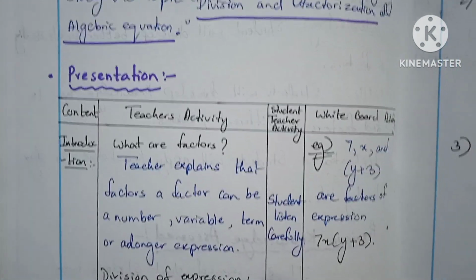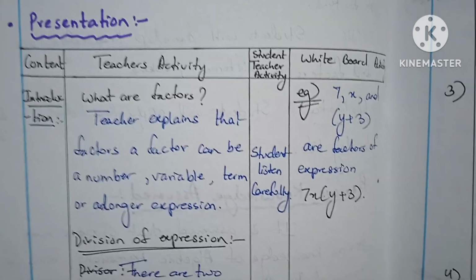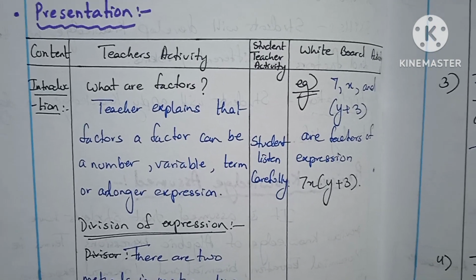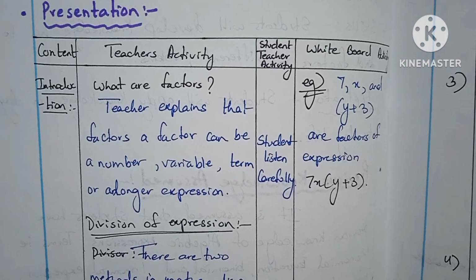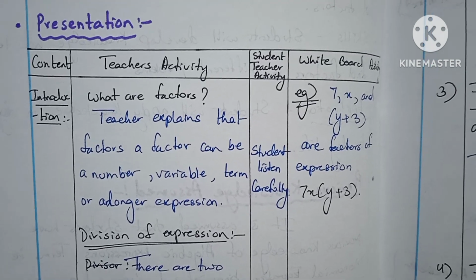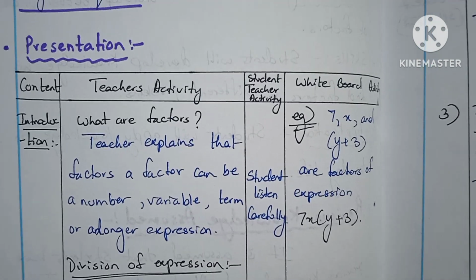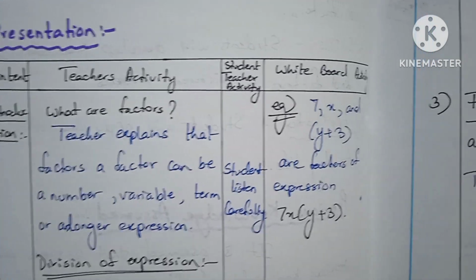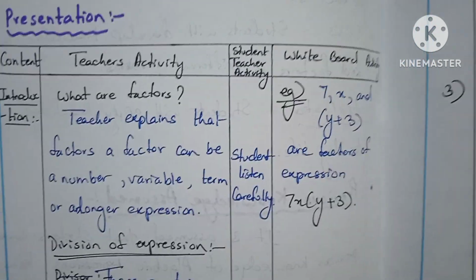Presentation is as follows. Firstly, the teacher asks what factors are. She explains that a factor can be a number, variable, term, or an expression. Students listen carefully.